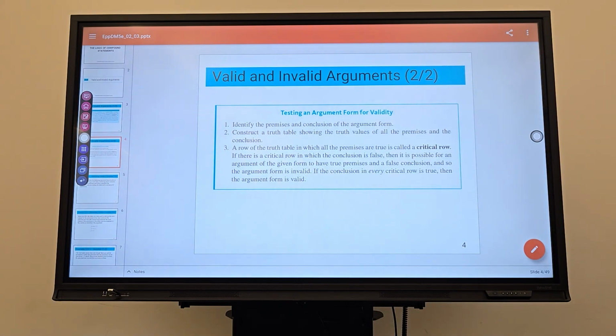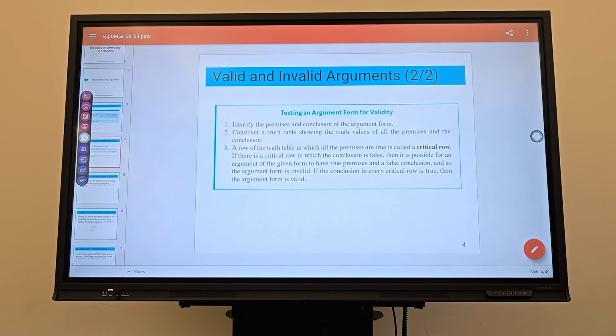Testing an argument form for validity: identify the premises and conclusion of the argument form. Construct a truth table showing the truth values for all the premises and the conclusion. A row of the truth table in which all the premises are true is called a critical row. If all the premises are not true, it is not relevant, so you can ignore those.